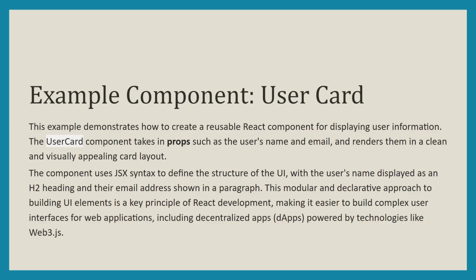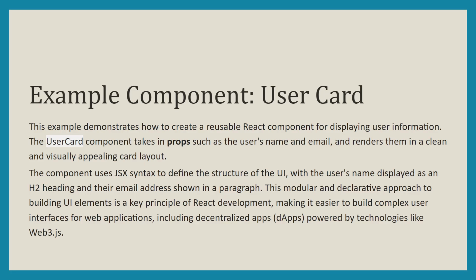So, let's talk about an example component, UserCard. The following example demonstrates how to create a reusable React component for displaying user information. The UserCard component takes in props such as the user's name and email, and renders them in a clean and visually appealing card layout.